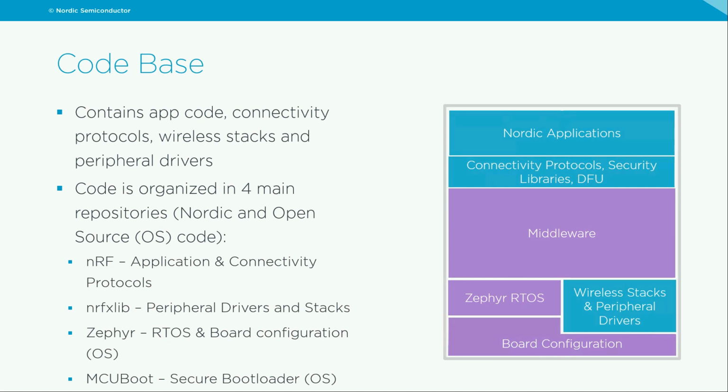You have 4 main repositories, but you also do have some other repositories, like a repository for Matter and Trusted Firmware-M. The 4 main repositories are nRF, which is where we have applications, samples, and also connectivity protocols. That can be Thread, Zigbee, Bluetooth LE, Bluetooth Mesh, etc.